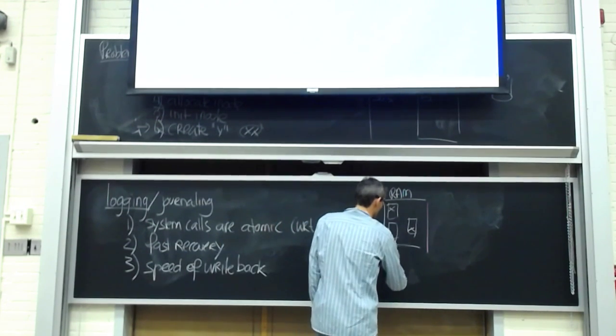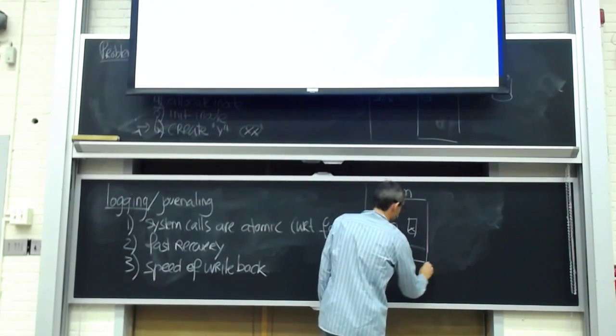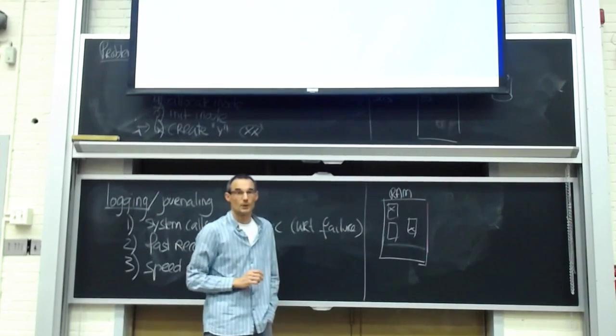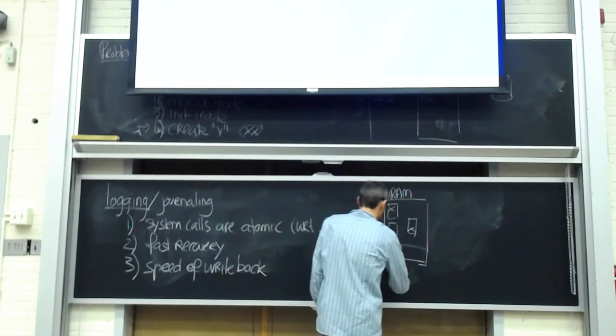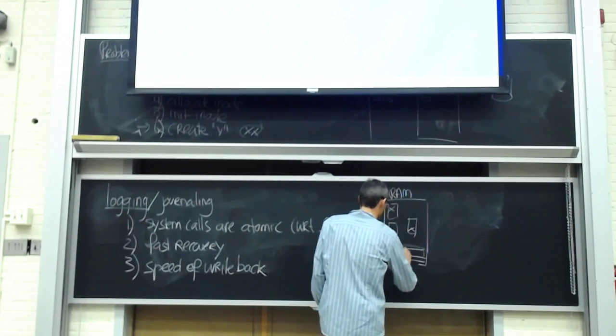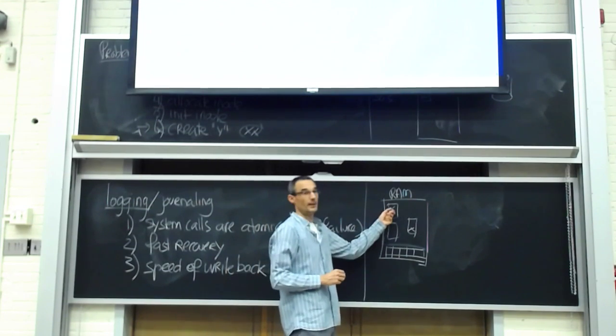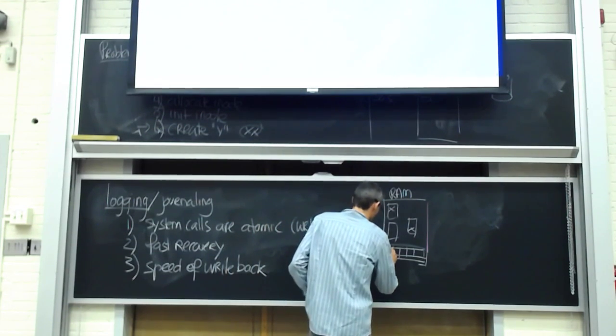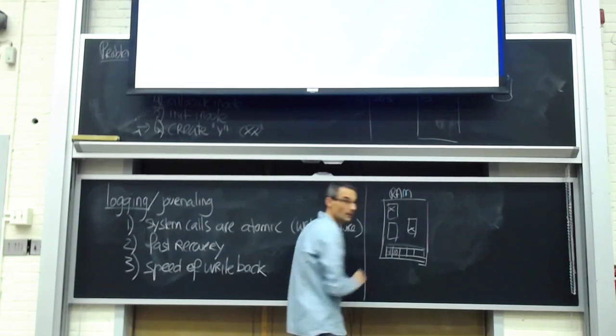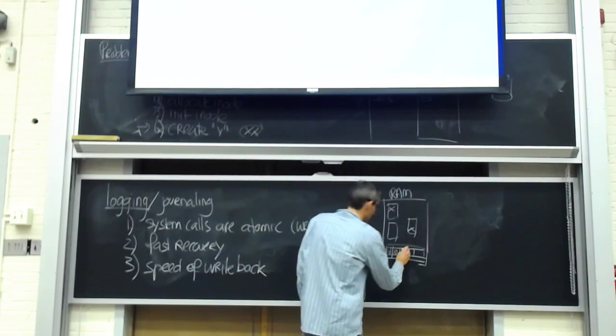But what we're going to do is maintain in memory first a little log that records in what order these operations were performed. So, for example, if we update block 10 first, we're going to write down write 10. And then we'll write down write 11.